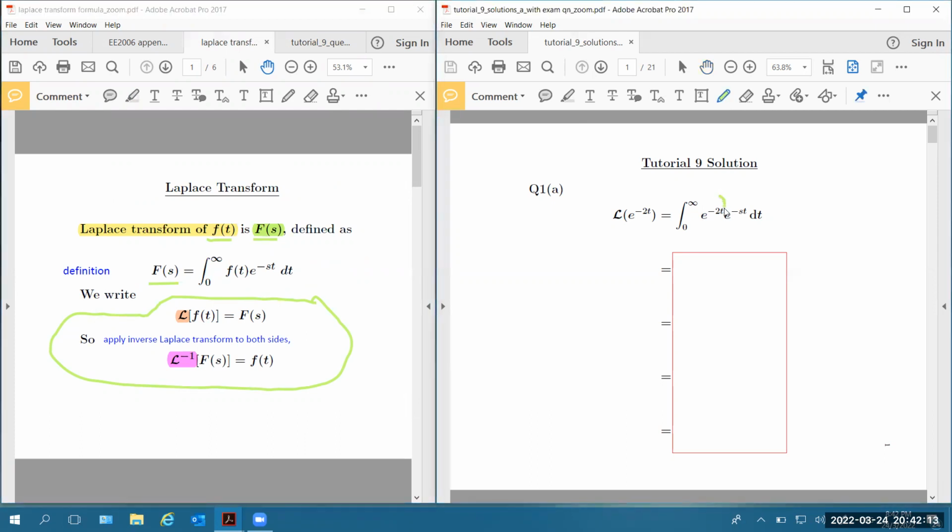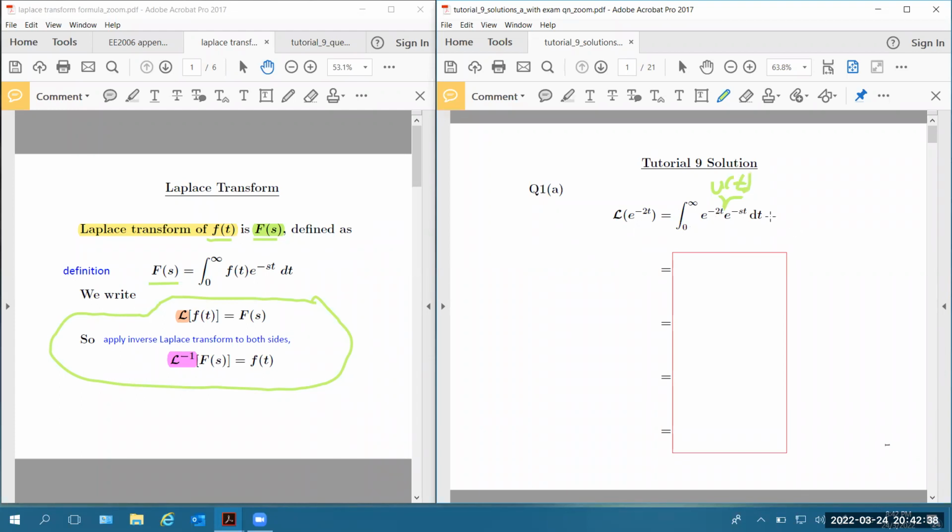Actually here there's a u(t), right? But how come you don't see it there? I'll explain in a moment. So there's e to the power minus 2t and then u(t). This is your f(t). Then you multiply by e to the power minus st, then you integrate, correct?